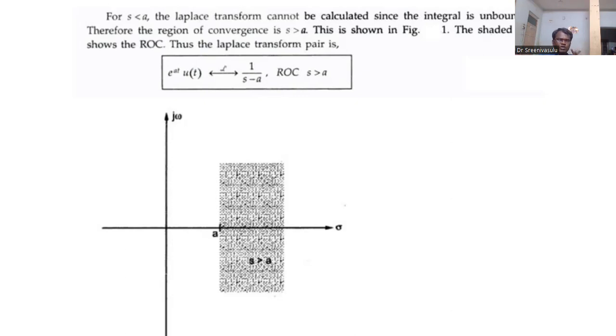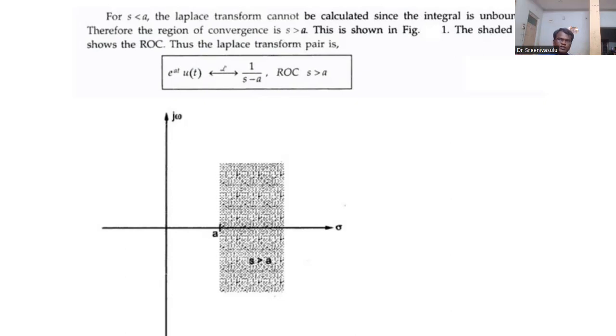So if you observe here, there are three conditions. First one is the signal is an unstable signal. The Fourier transform fails for analyzing this unstable signal, but we are coming to the Laplace transform. The Laplace transform exists up to a certain range of values of sigma.